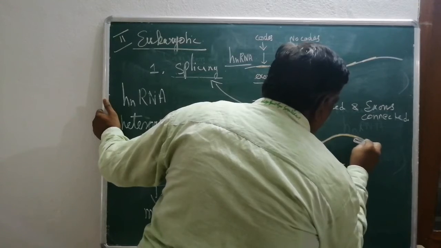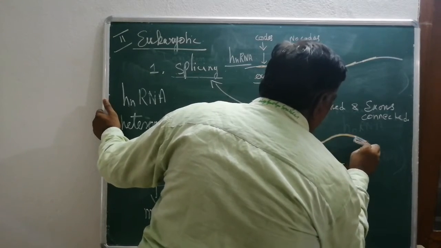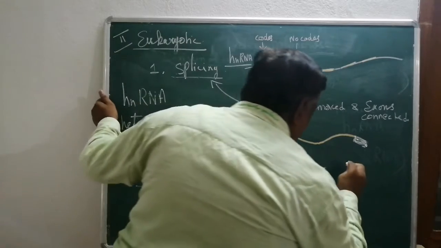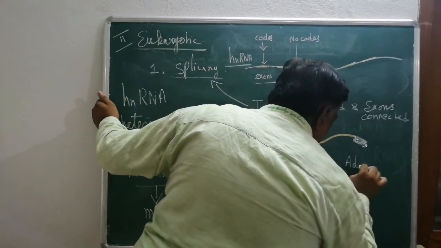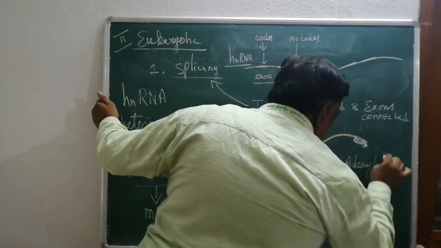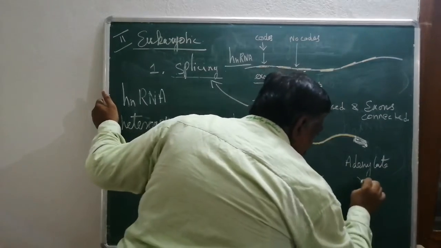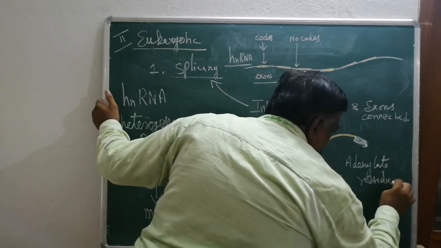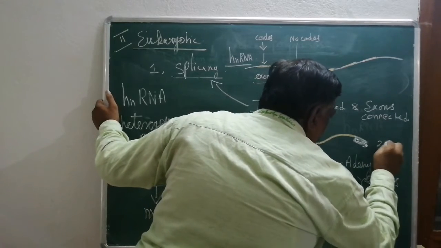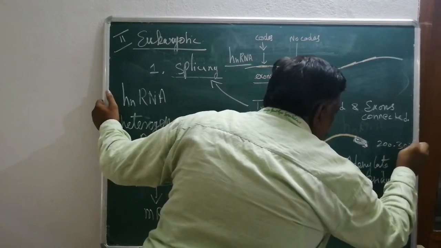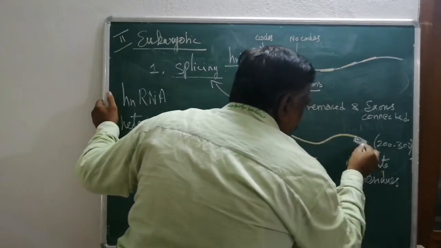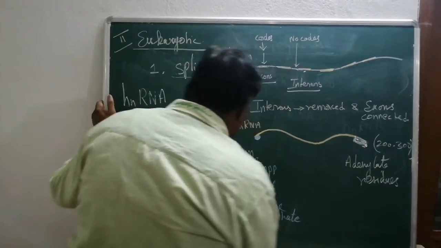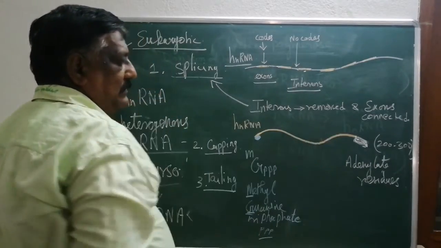These residues are nothing but adenylate residues. Around 200 to 300 residues join, and they join at the end. This is called the tailing end.